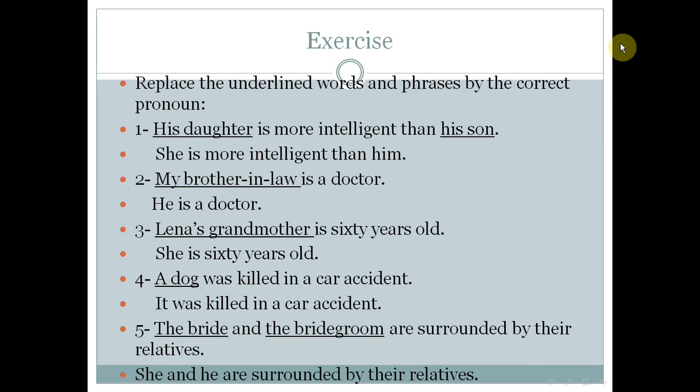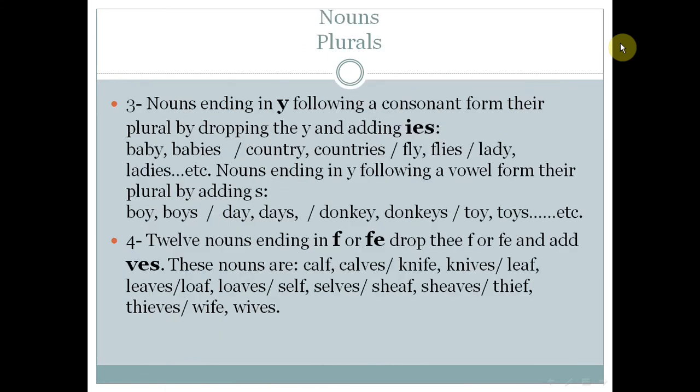Now, number 3, nouns ending in Y following a consonant form their plural by dropping the Y and adding IES, like baby, babies.